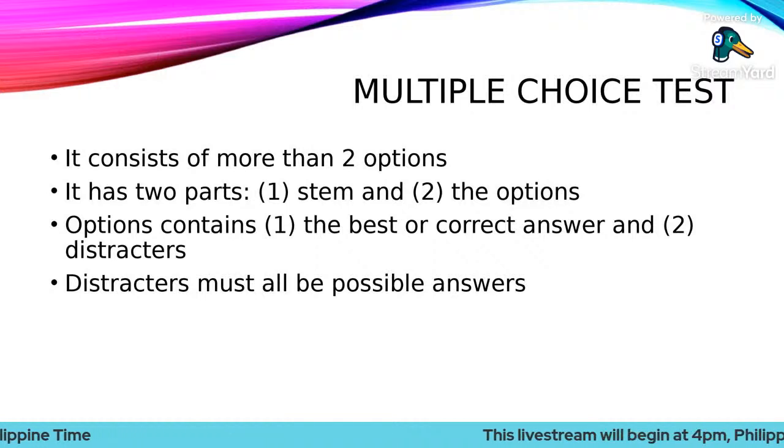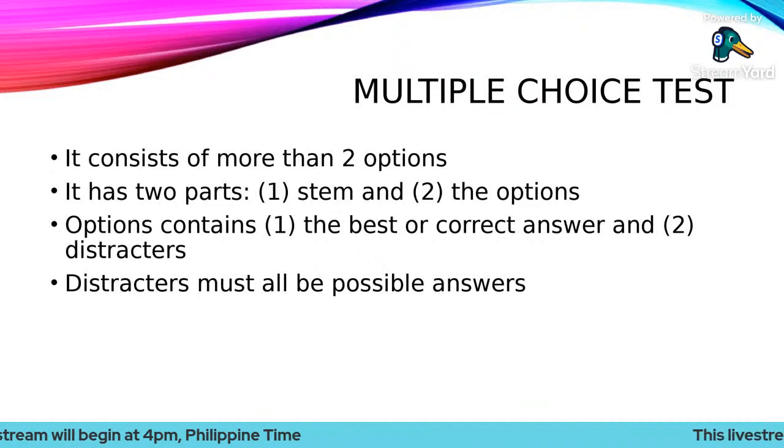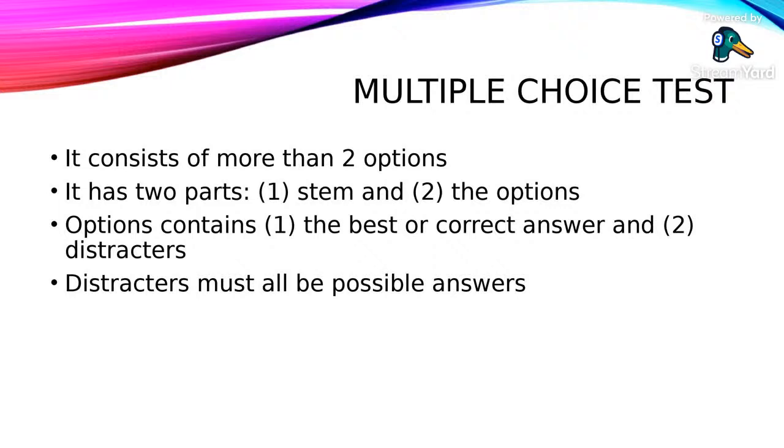In other words, these incorrect or not the best answers are still answers that could catch the attention of the test takers, even if they are not correct. Okay, so we call them your distractors.